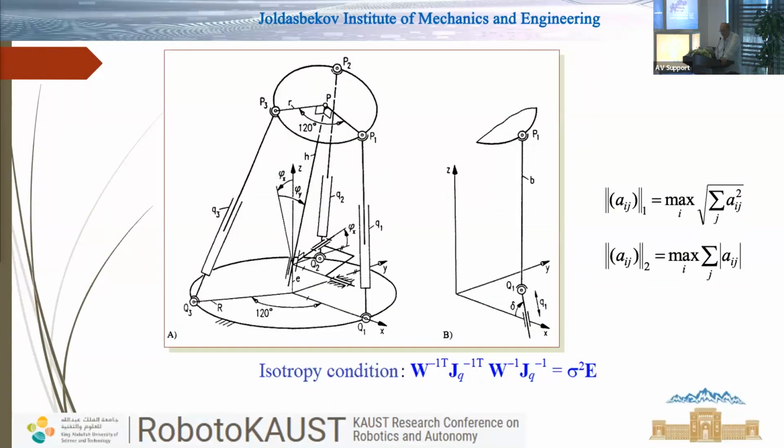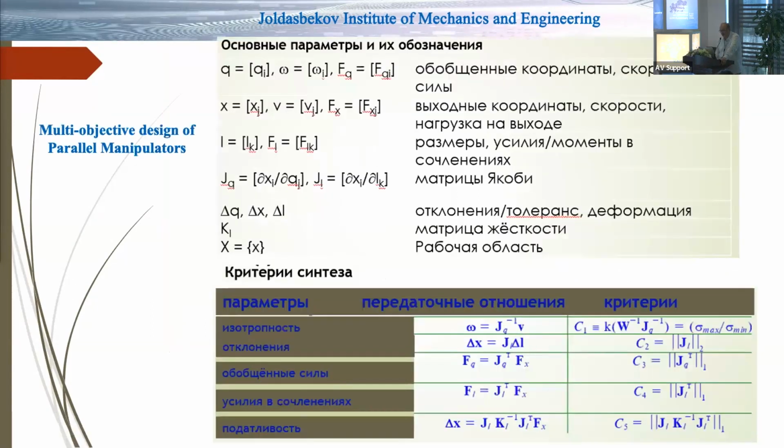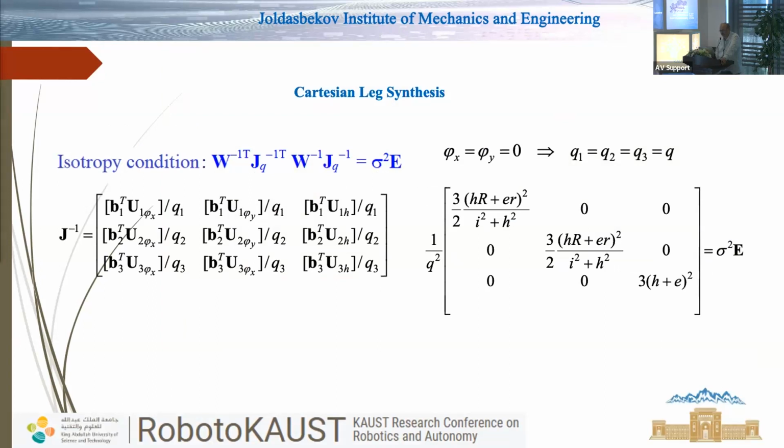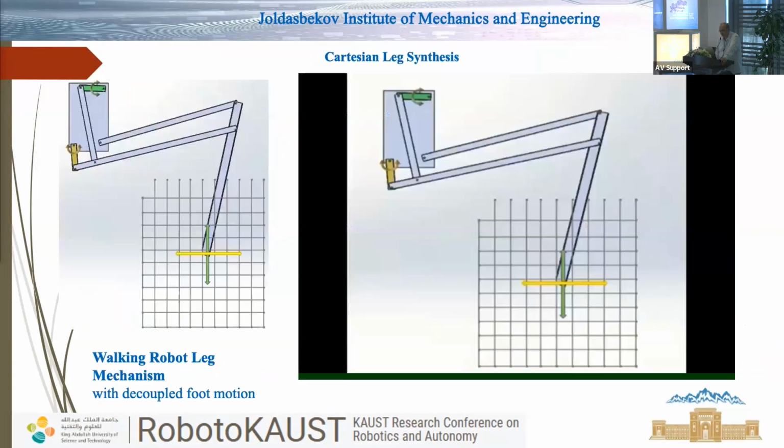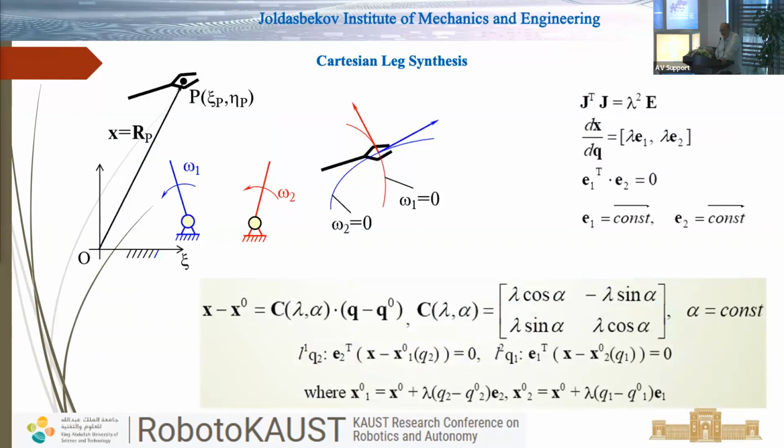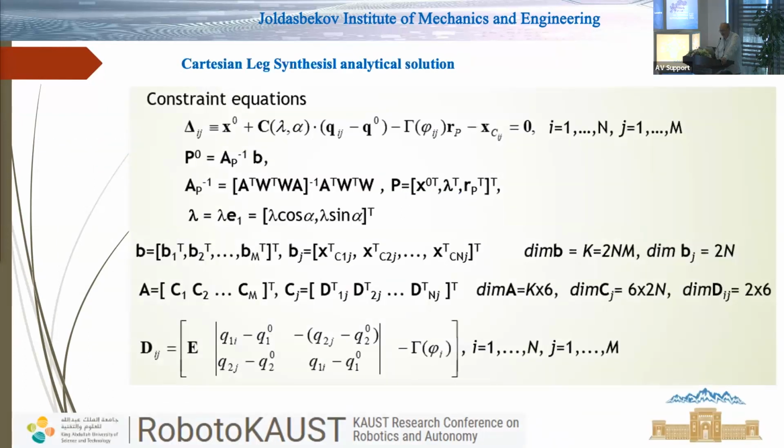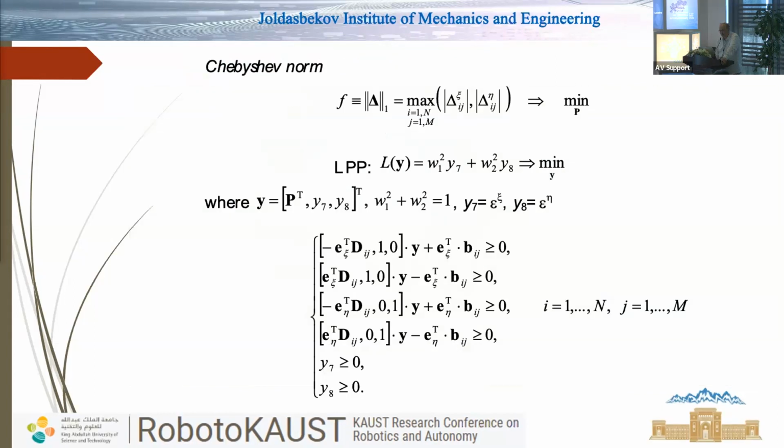And the isotropy condition is the most important result of this theory, and we applied these results to obtain such an optimal design of a walking robot leg. And here I will skip all theoretical moments. This solution was obtained analytically for the least square approximation problem.